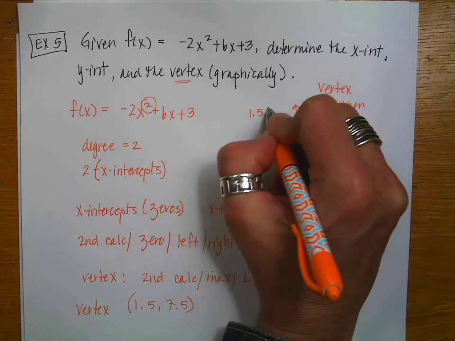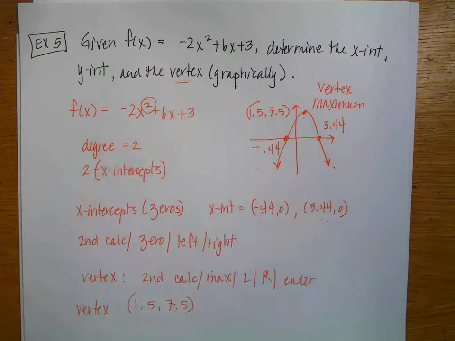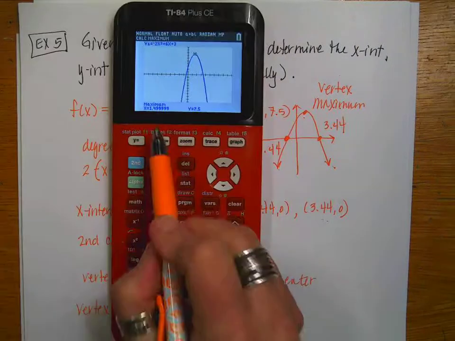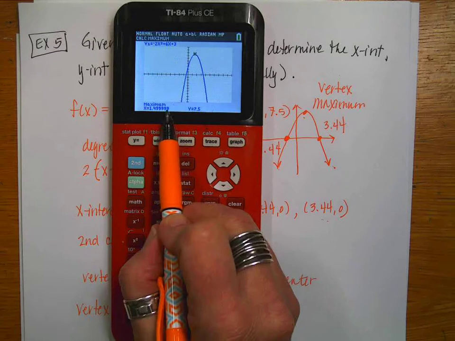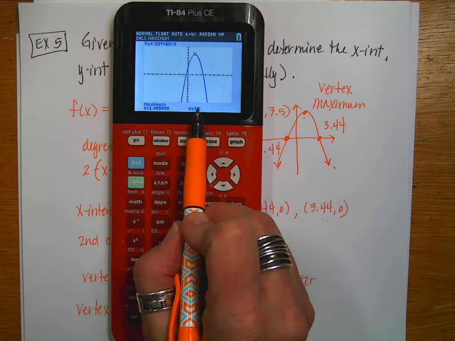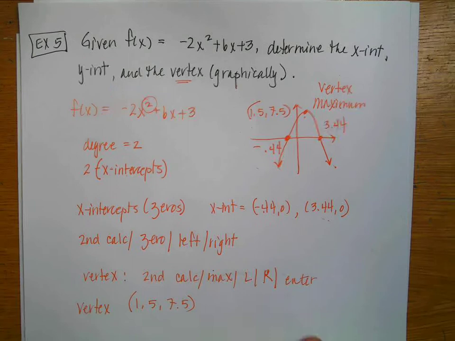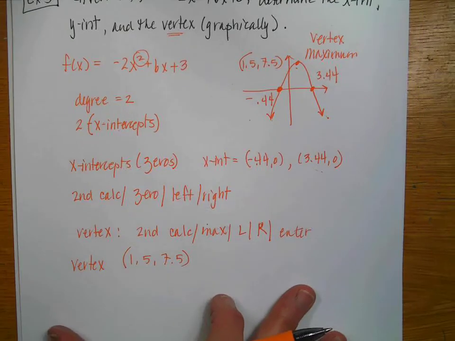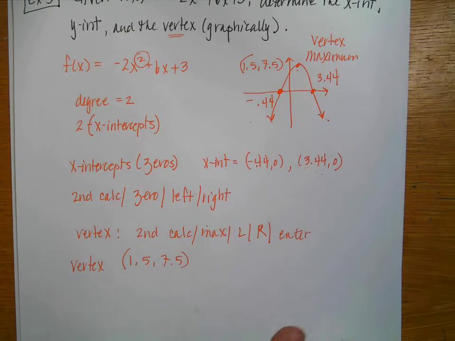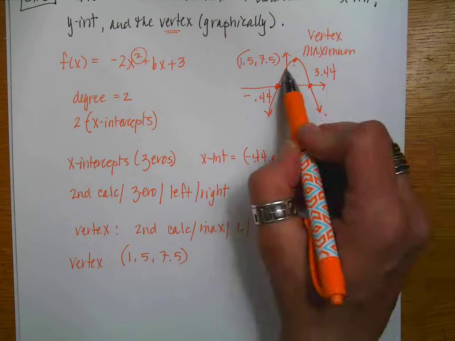So I'm going to write that these are the coordinates of my vertex, 1.5 and 7.5, and notice that your calculator is telling you both values, for the x and for the y. So we can actually use our calculators a ton. Alrighty? And then I think that's all of the tasks that they asked us to find.